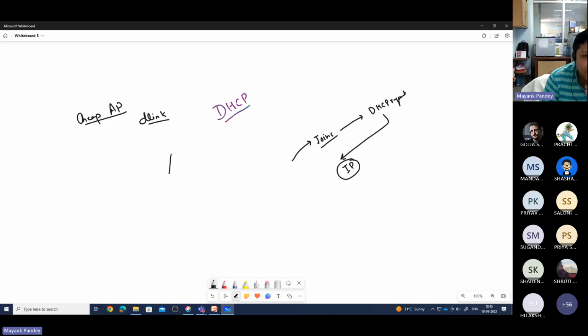So what is happening there in the access point itself? Please be very careful. This is important. In access point itself, we have DHCP server. And once you configure the access point, you give the range of IP address. So your access point, the cheap access point, is running a DHCP server.